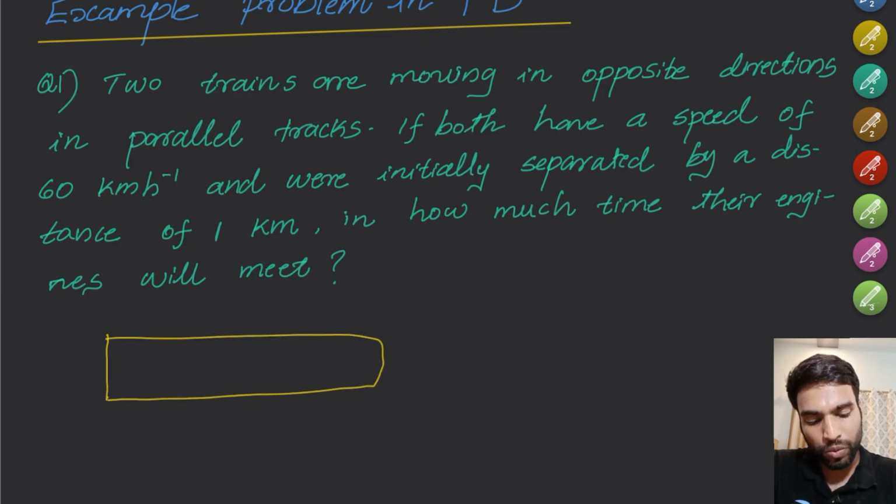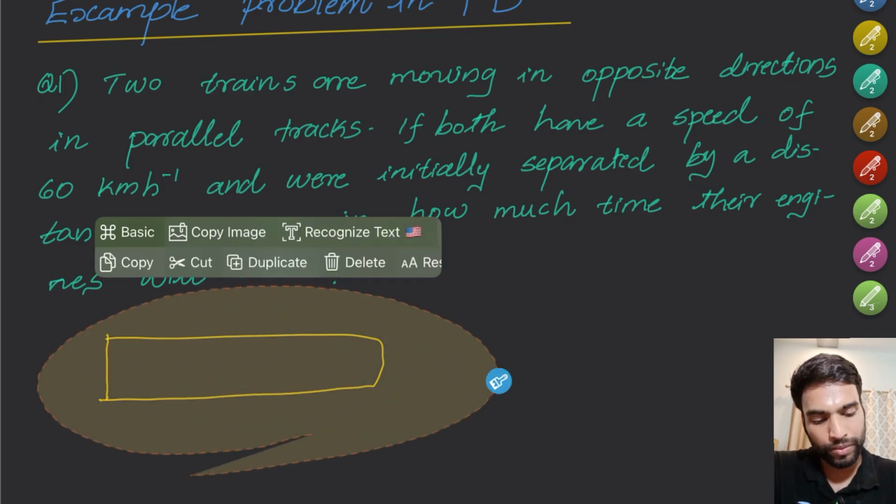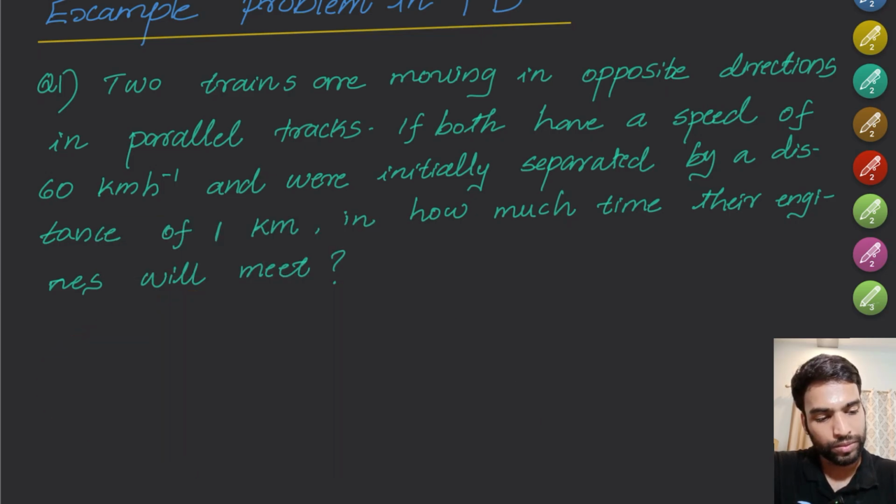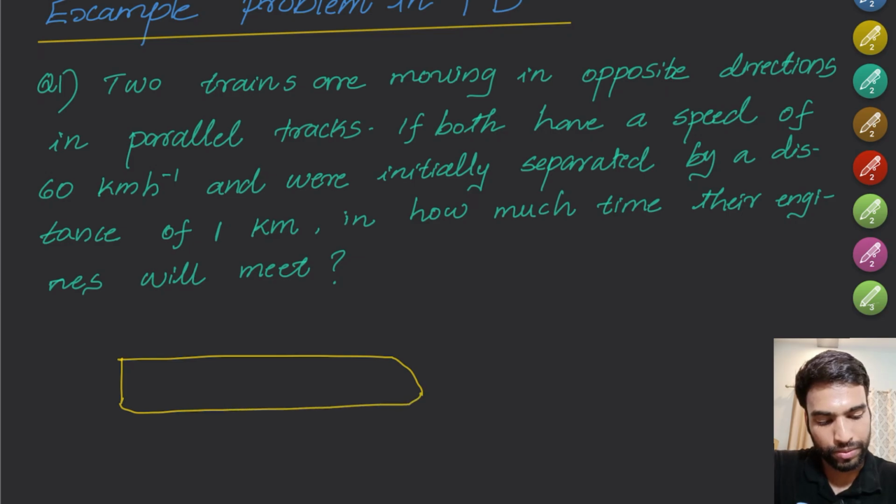This is a train, the first train. Let us draw the scenario. There are two trains.